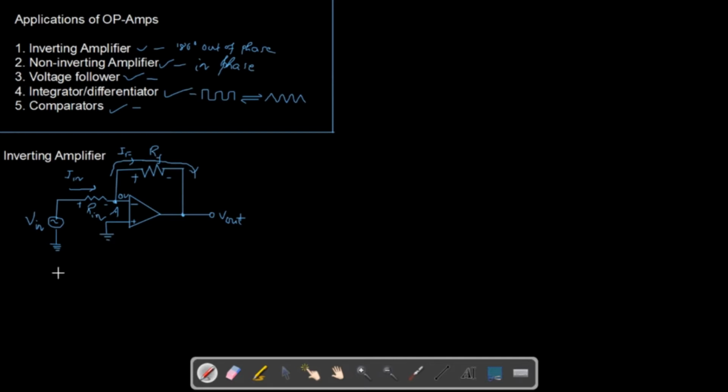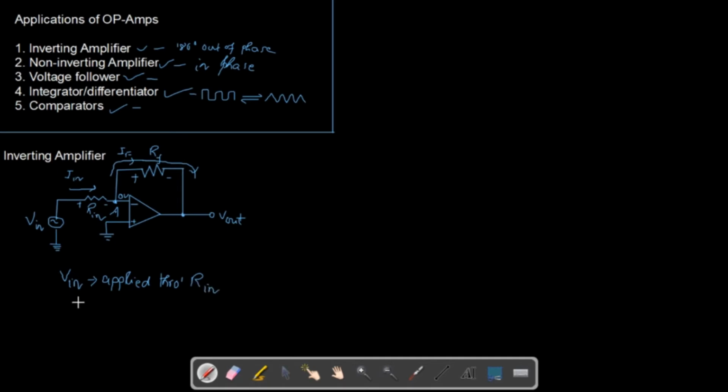Let's see what are the different things that we have. First term is V input, and V input is basically applied through R in, which we already see here.